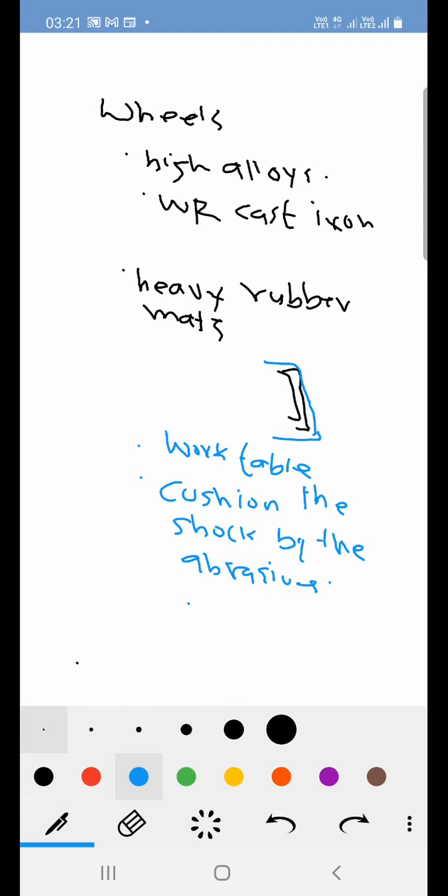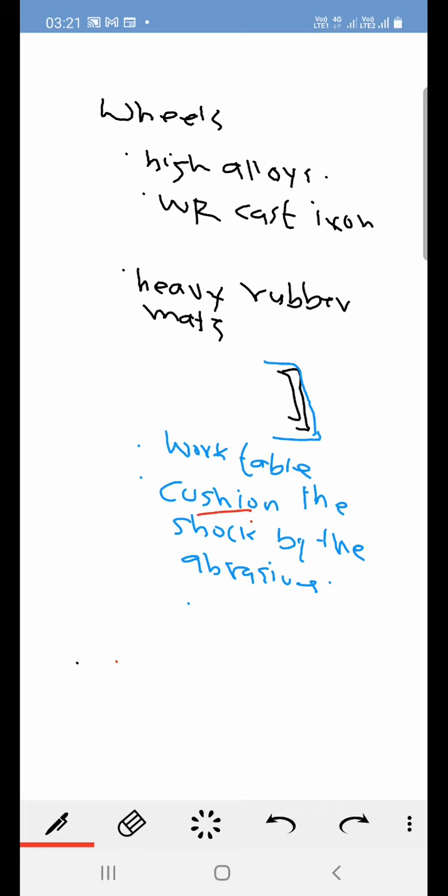Now, talking about this shock, that means they will be traveling at a very high velocity. The abrasive velocity is 250 feet per second.